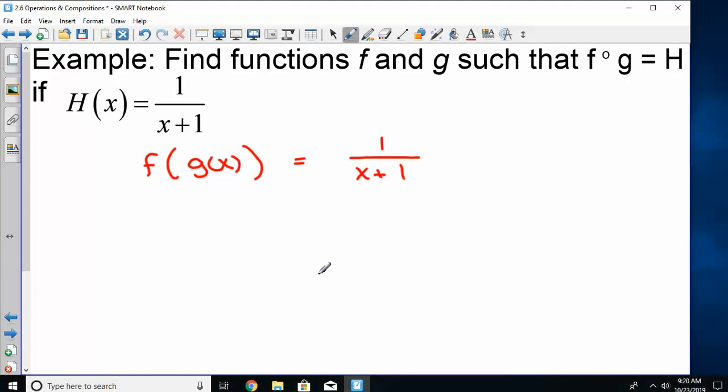Okay. So your inside is g of x. It's like the first thing you would do. If you came over here, what's the first thing you would do? Do your x plus 1. So that's my g of x. G of x is x plus 1.